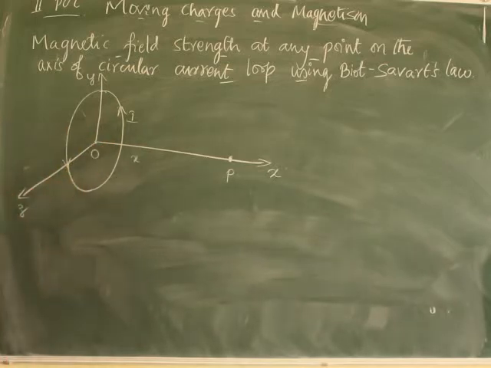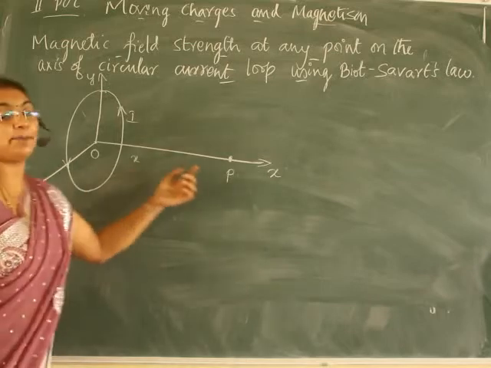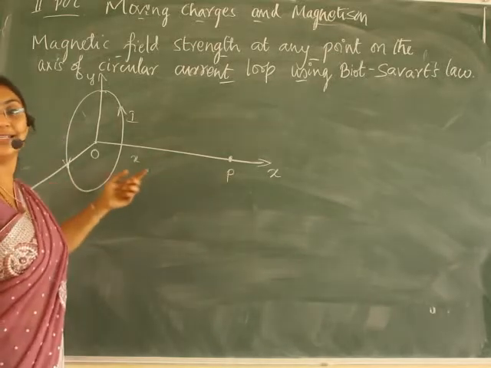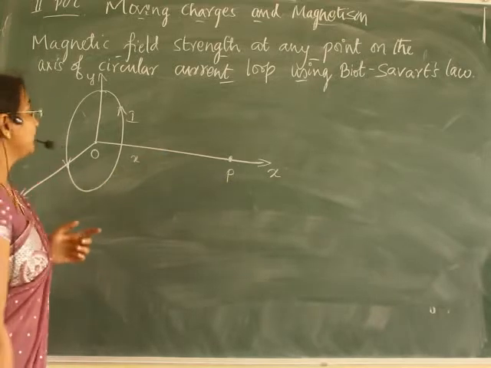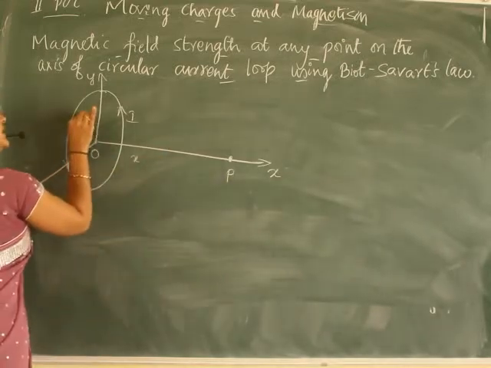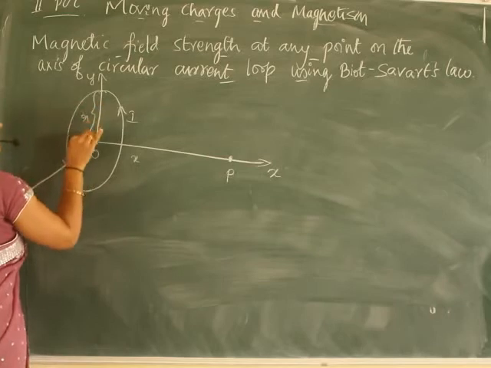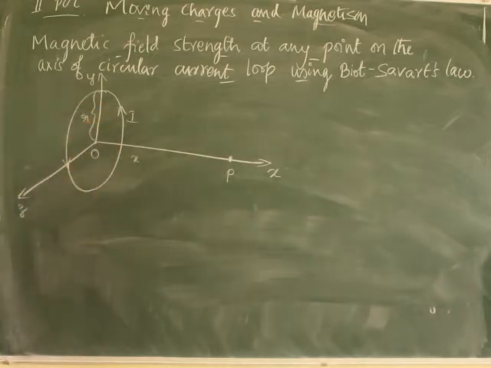Let O be the center of this circular loop, and let point P be at a distance x from the center of the circular loop. Let R be the radius of this circular loop.